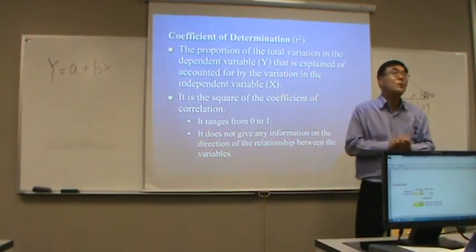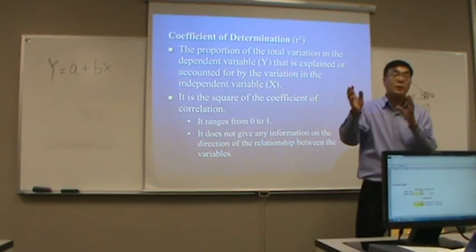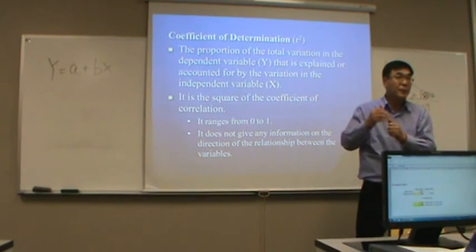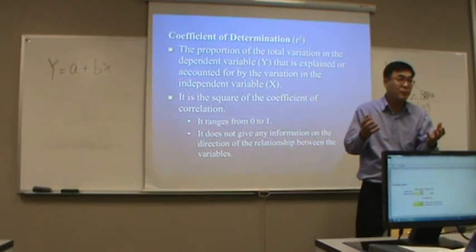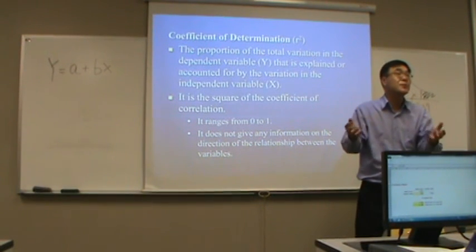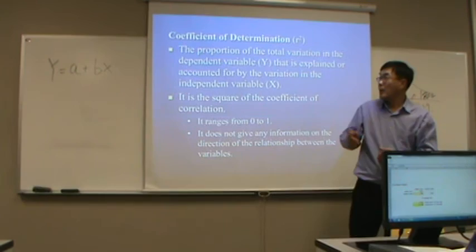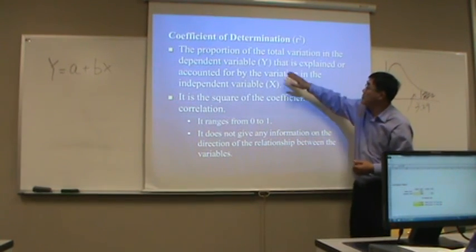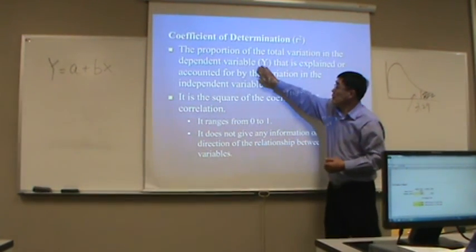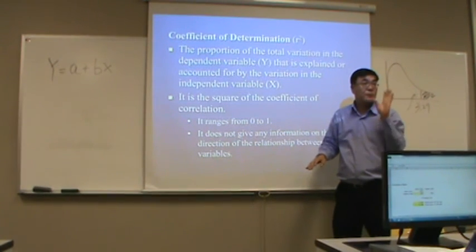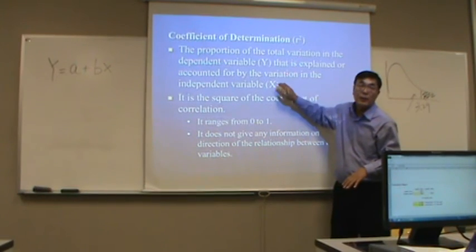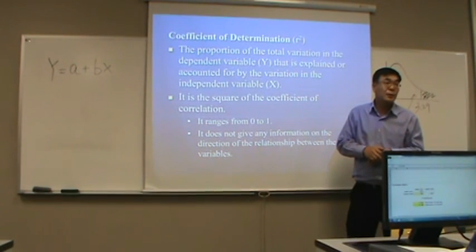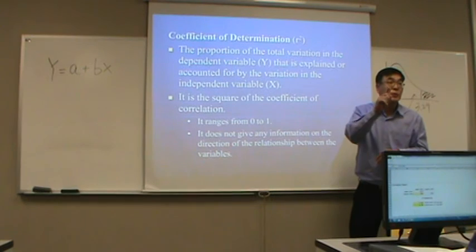Then, how much? R is the direction and shows a relationship, right? But R square shows how much. It represents or explains. So R square says the dependent variable Y, copiers sold, is explained by the X variable, the independent variable, sales calls.